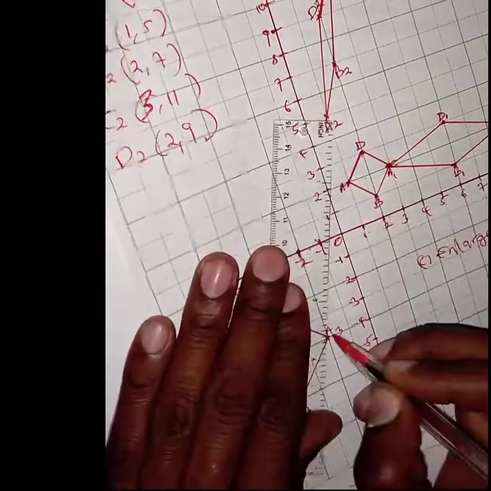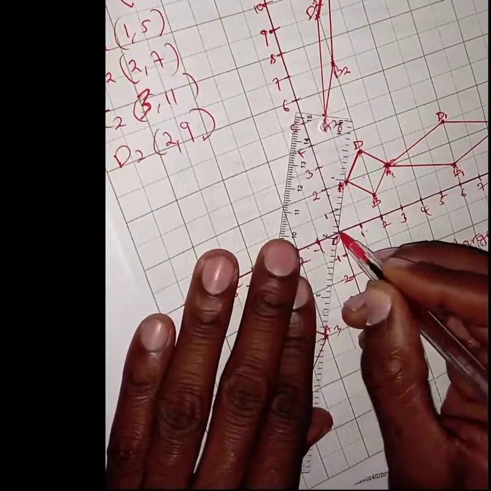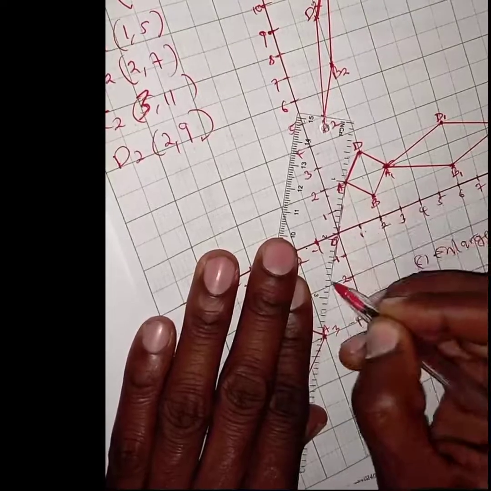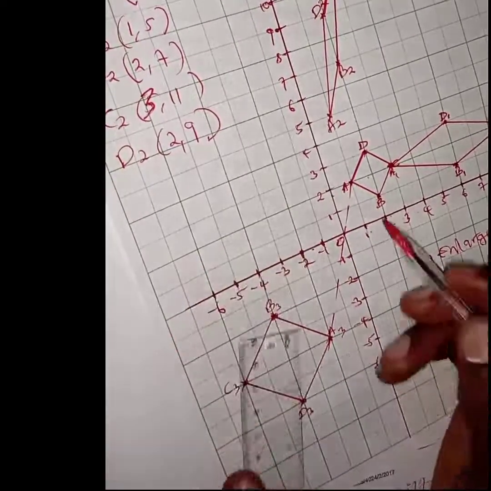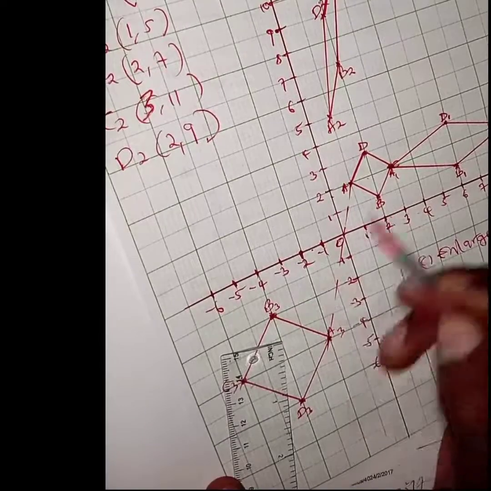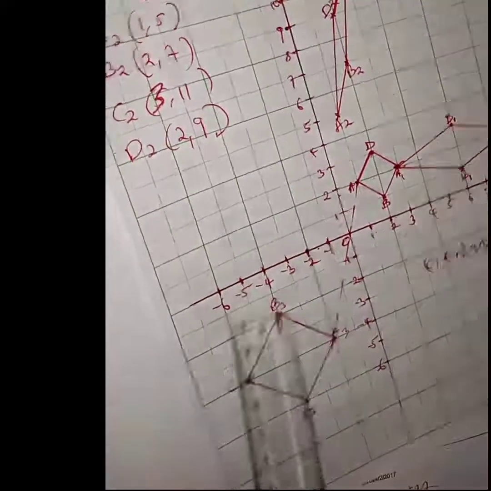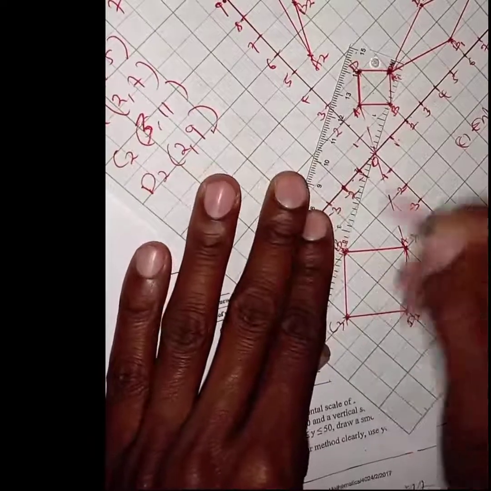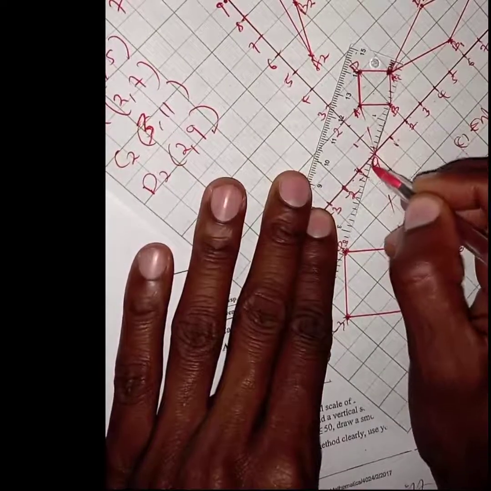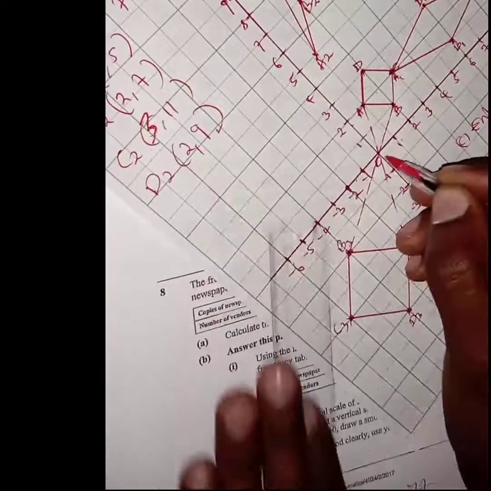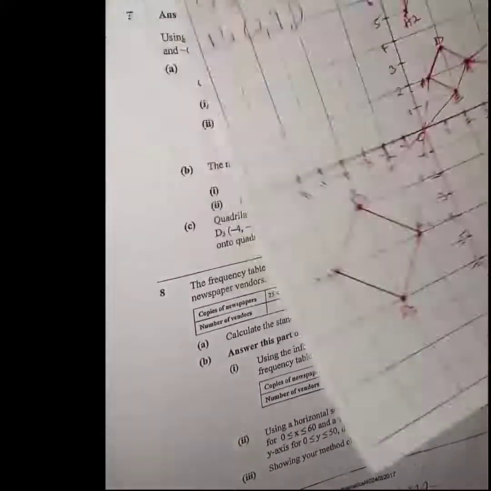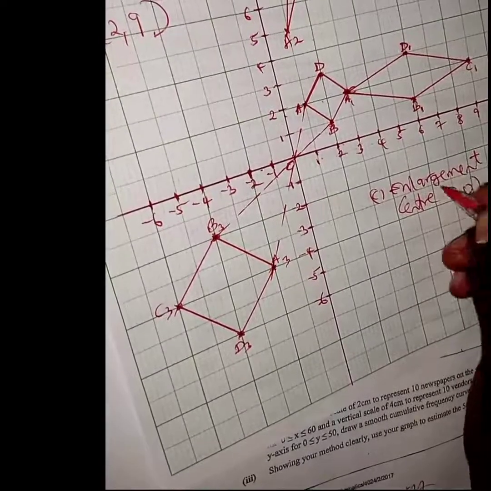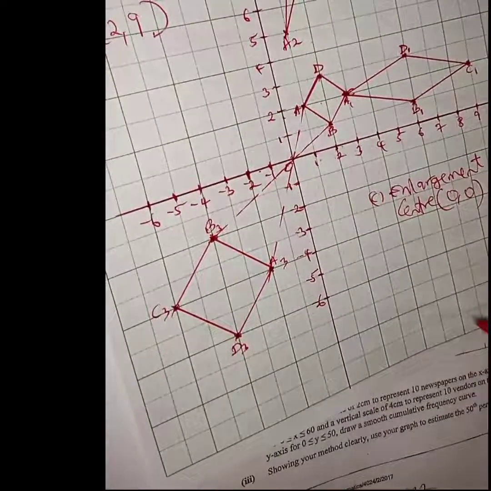Connect using dotted lines. Then let us also go for B and the B image. You see, where have they crossed? Here. So center is 0, 0, and also the scale factor.